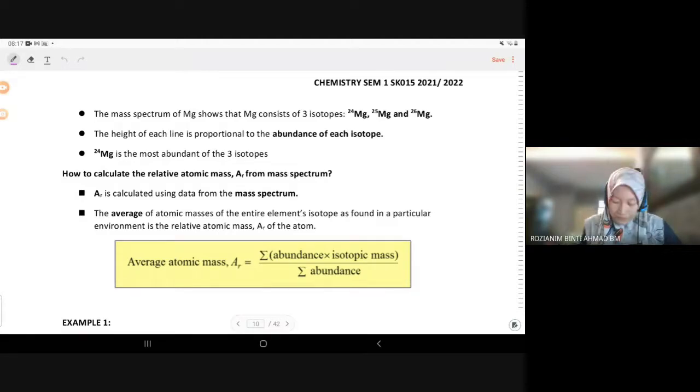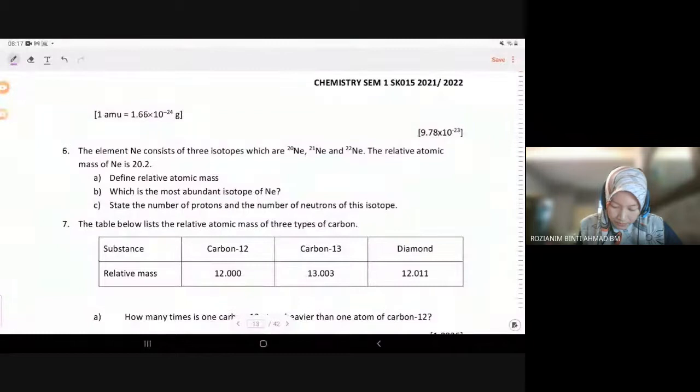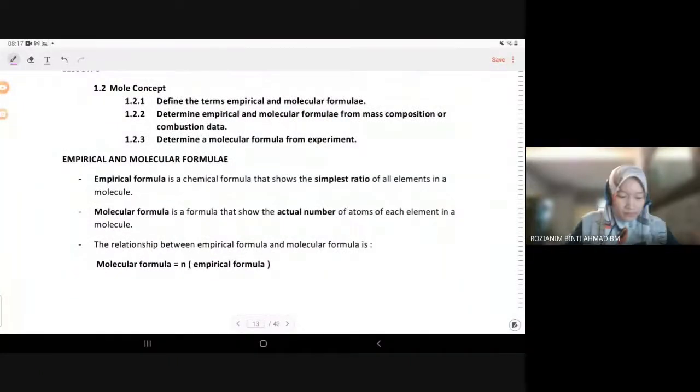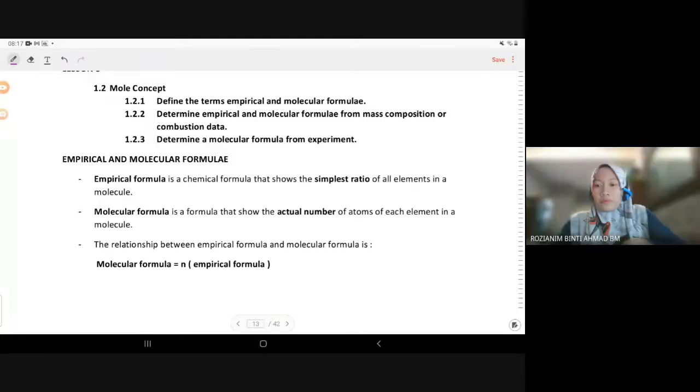Okay, saya tak present screen ke? Ada. Nampak screen saya? Saya stop present saya punya komputer. Nampak cikgu. Nampak. Okay, saya stop dulu yang ni sebab dia keluar benda lain. Wait.